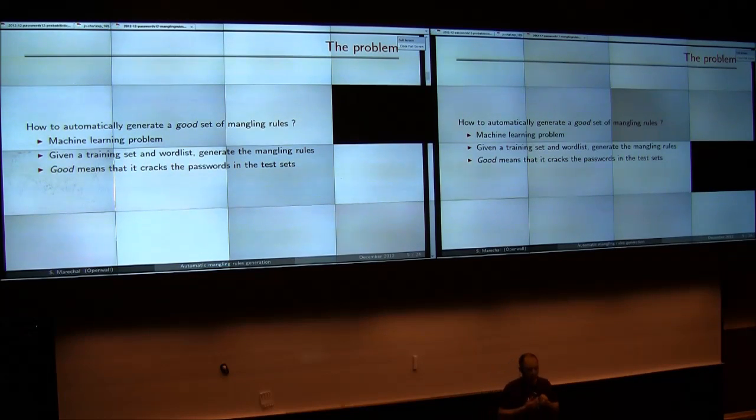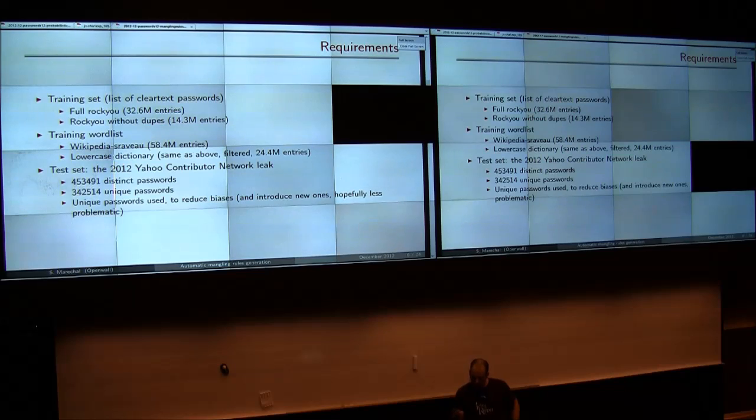Okay, so how do you automatically generate a good set of mangling rules? That is the subject here. I chose to treat it as a machine learning problem, which means I will have a training set, and I will try to train a model on it and test it against my test set. The test set is the Yahoo Contributor Network leak. For training sets, I have used RockYou with and without duplicates.